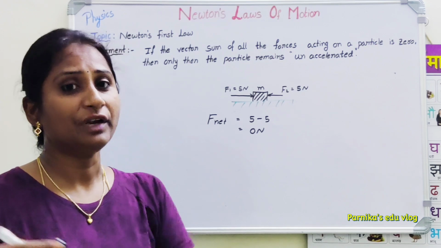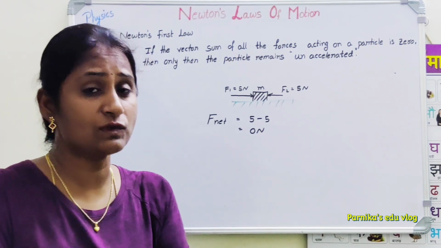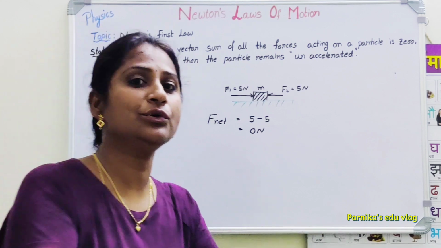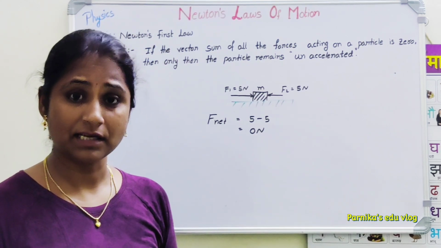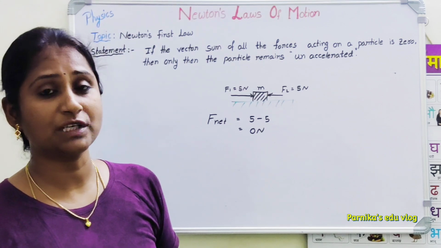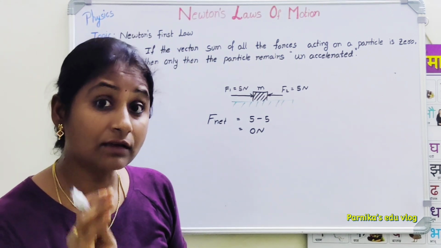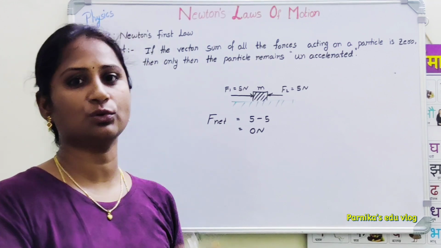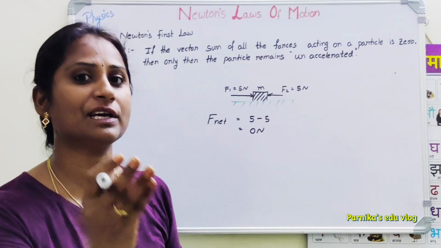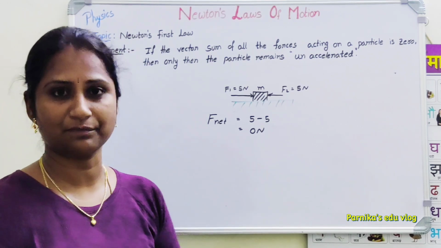Or if it was in uniform motion, after applying forces with net force 0, it will remain in uniform motion only. A rest object remains at rest, and a uniformly moving object remains in uniform motion, only when the net force is 0. That is the statement of the first law of motion. Is it clear?